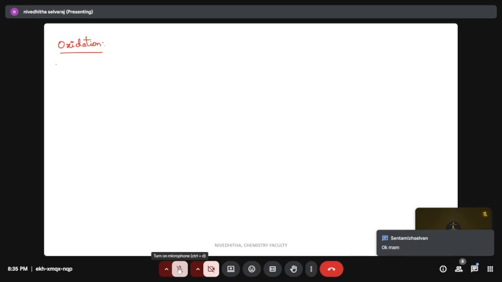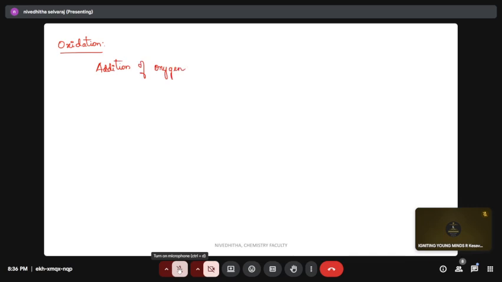So here, first let us understand what is oxidation. In a chemical reaction, if an element or a compound gains oxygen, then that is called oxidation. So the definition is addition of oxygen is called oxidation.